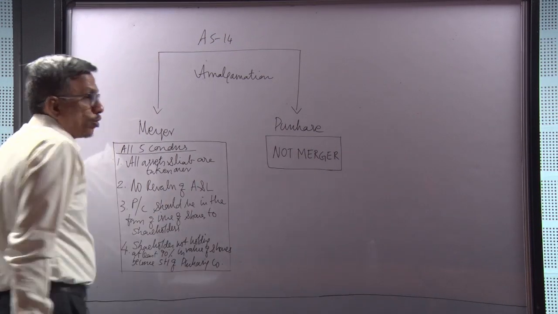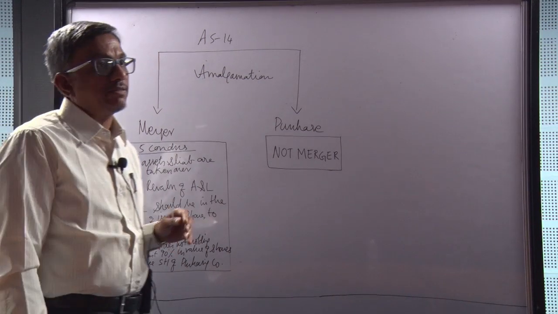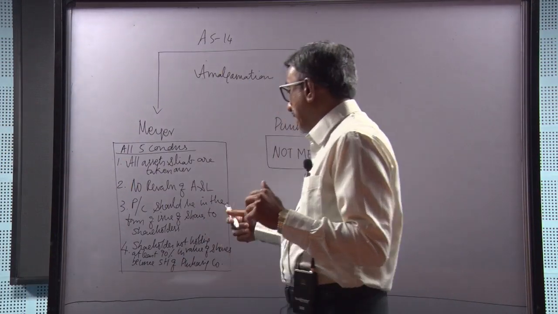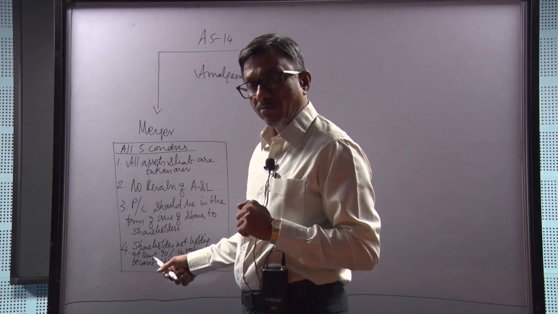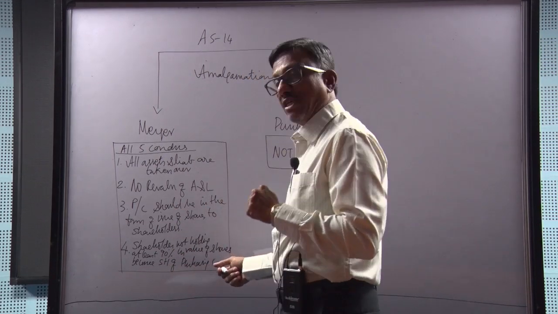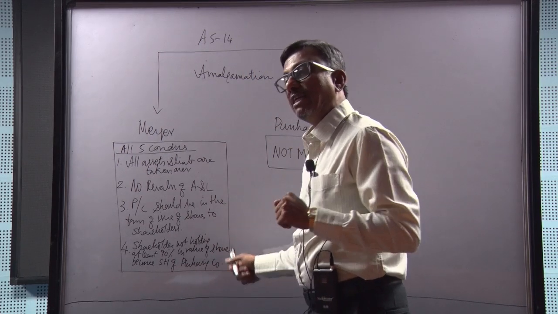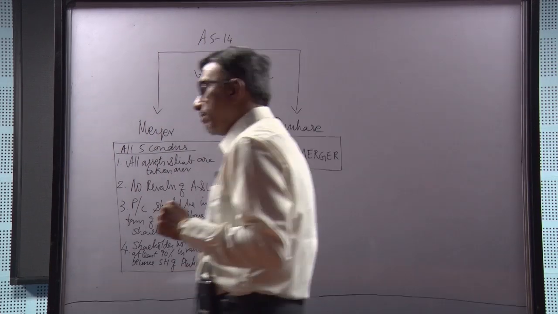The consideration should be in the form of issue of shares, but at least 90% of the persons holding shares in the vendor company should become shareholders of the purchasing company. Then only it is regarded as a merger.